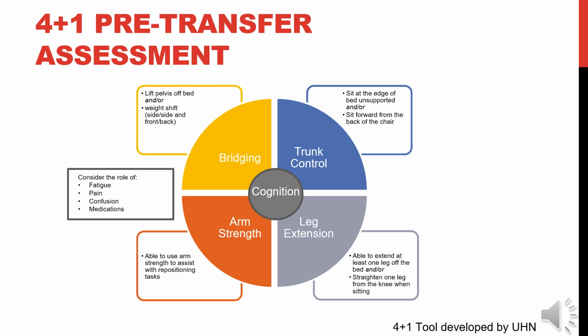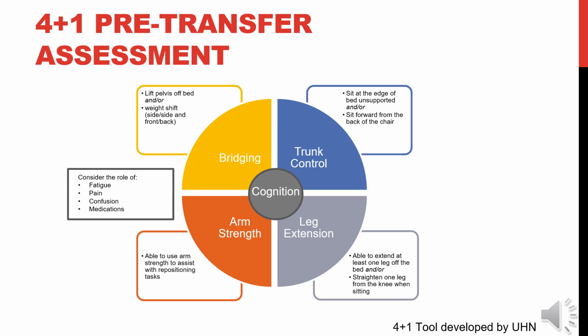The 4+1 pre-transfer screening was developed by UHN and assesses 5 factors, 4 physical and 1 cognitive, to assist you in making your determination for transfer readiness. What this means is that you will have the client perform the following 4 steps prior to initiating a transfer.